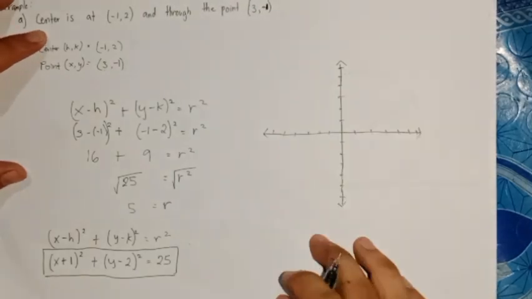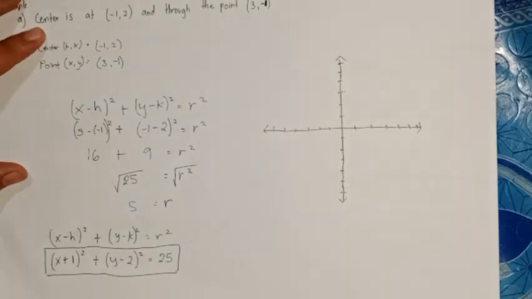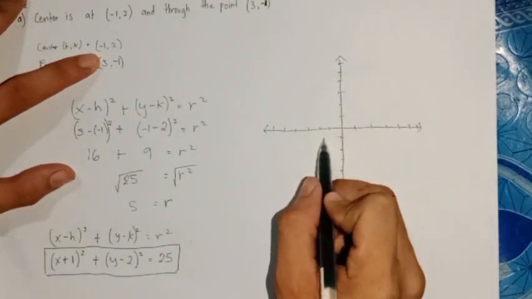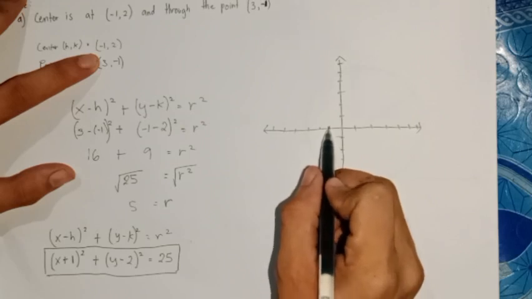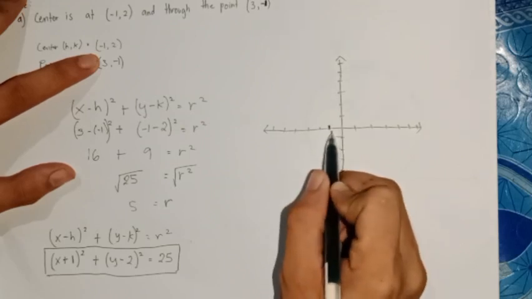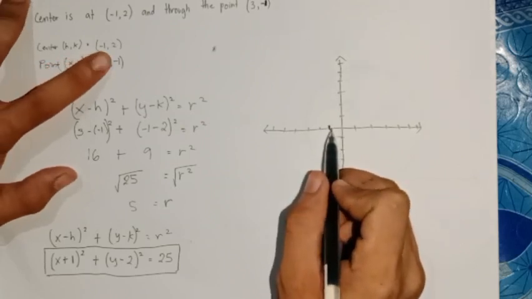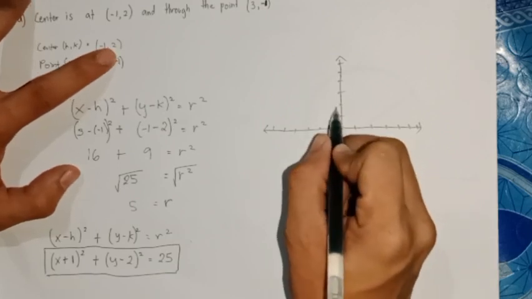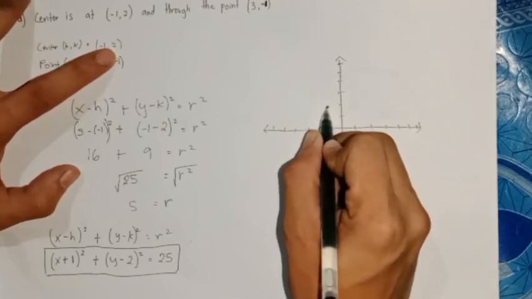Since we have a Cartesian plane, our center is (-1, 2). This is the -1, since our h is -1, and our k is 2. Therefore, here, (-1, 2). This is our center.